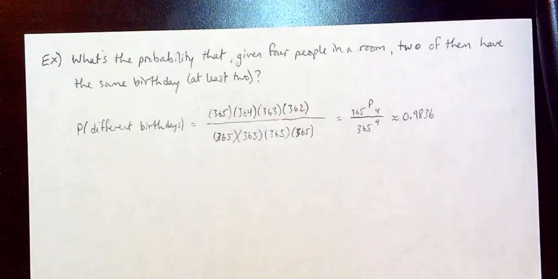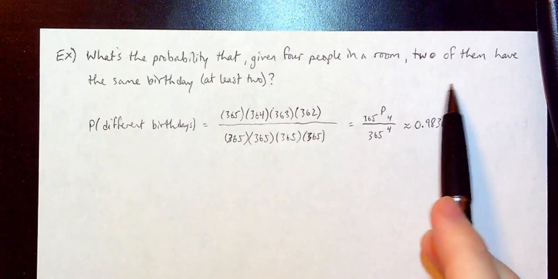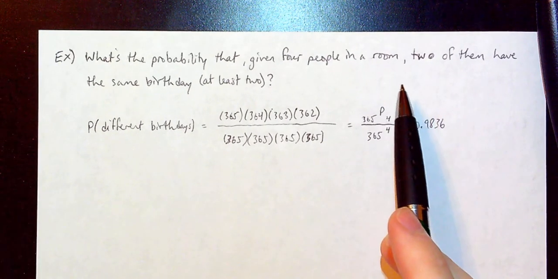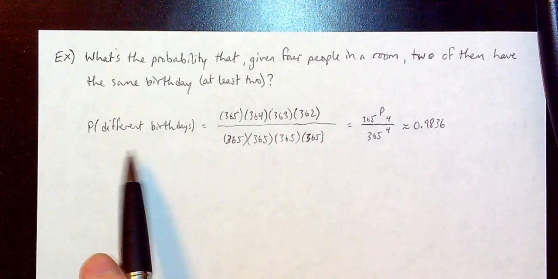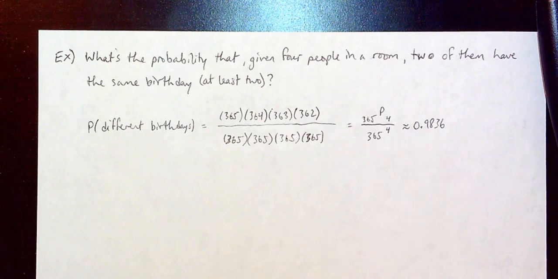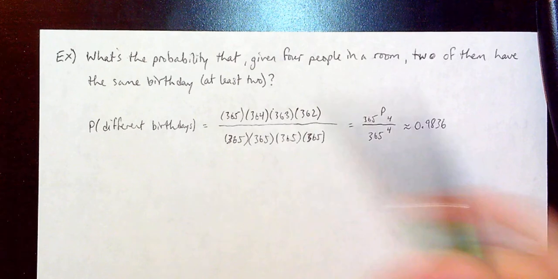So we said at the beginning of this question, to find the probability that at least 2 of them have the same birthday, I'm going to take this probability that I find, subtract that from 1, and then what I get left over, that's going to be the answer to my question.